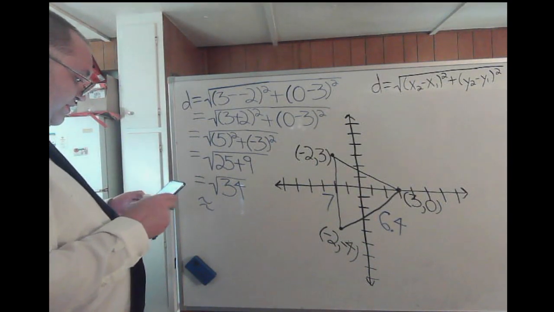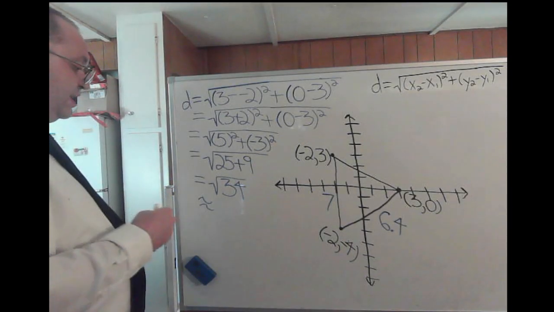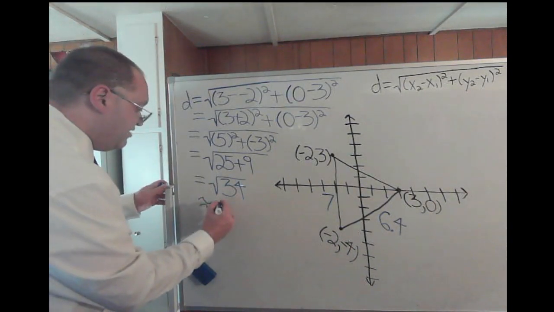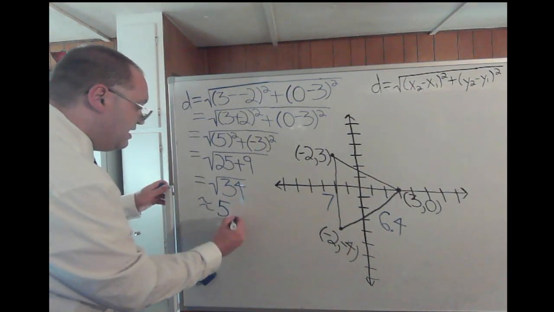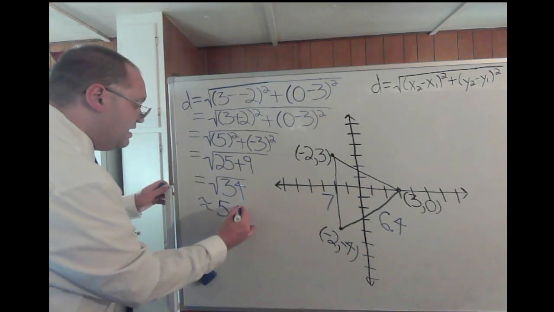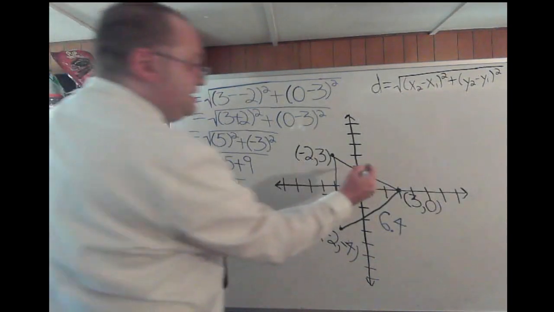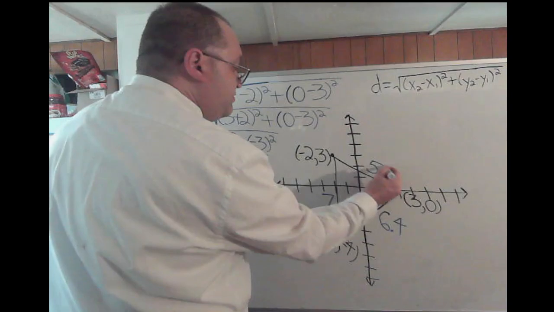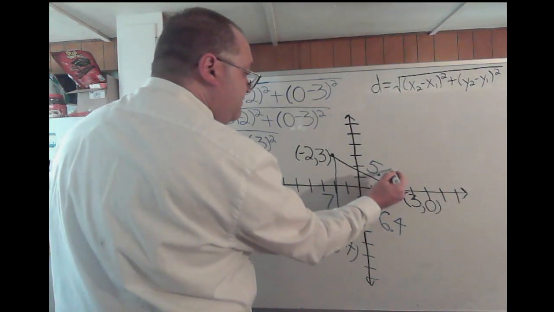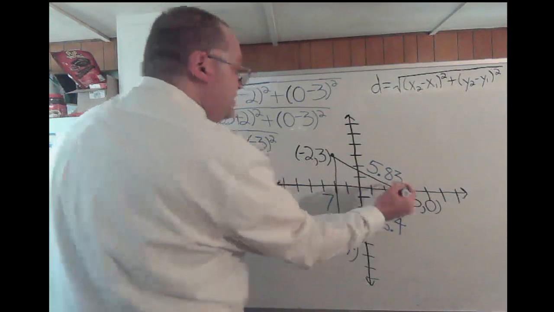Alright, so square root of 34 is approximately equal to 5.83. So that's the distance here between negative 2, 3 and 3, 0 is about 5.83.